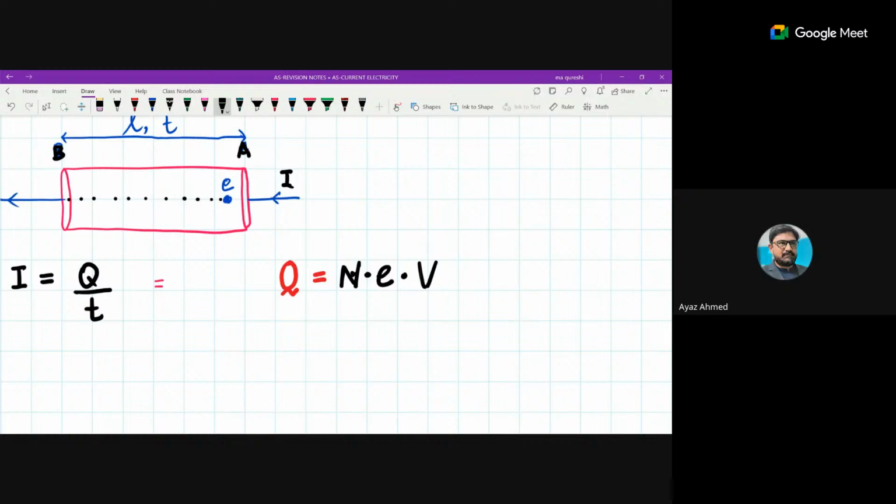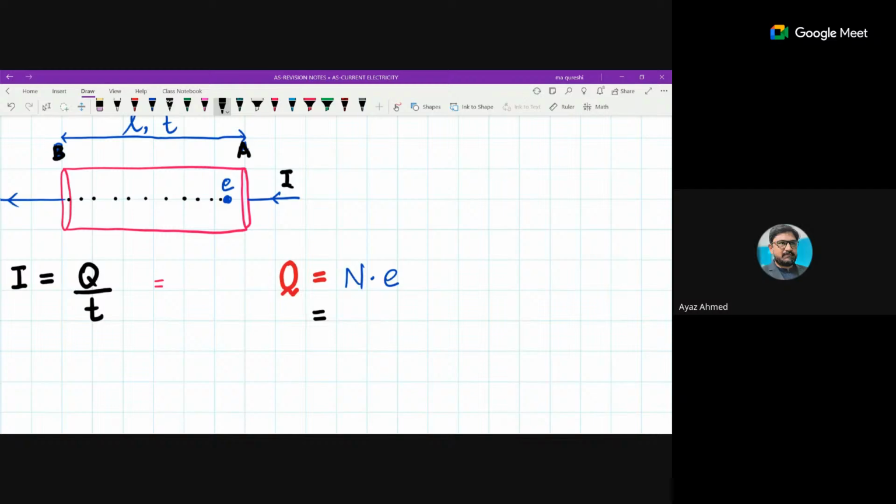For example, if the total volume is V, and in that volume there are n number of electrons, so I can use that formula. Sorry, just a correction. This capital N is the total number of free electrons into the charge of a single electron. So as I told you earlier, this is the total number.